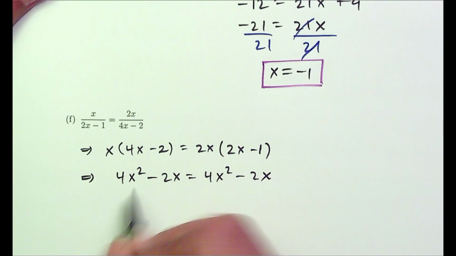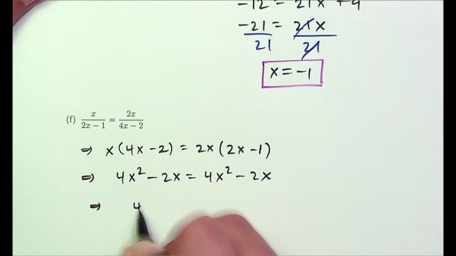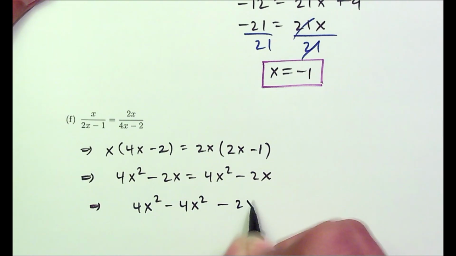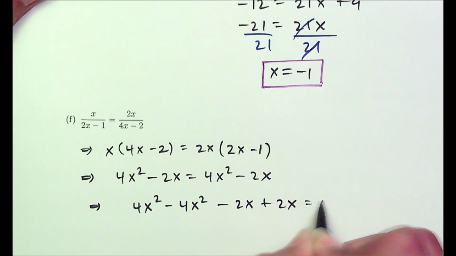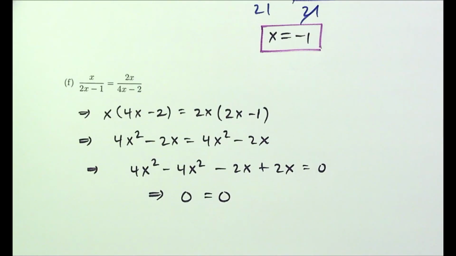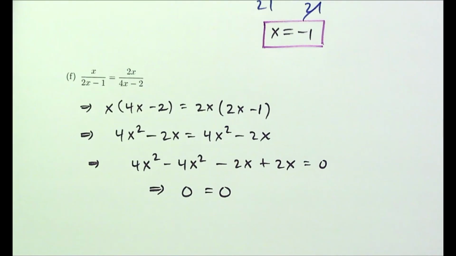Now move all the x's to the same side. You're going to get 4x squared minus 4x squared, negative 2x plus 2x, and combine like terms. And you see that you get 0 equals 0. Aha, what does that mean? When you get 0 equals 0, that means that basically all numbers work. All of them.